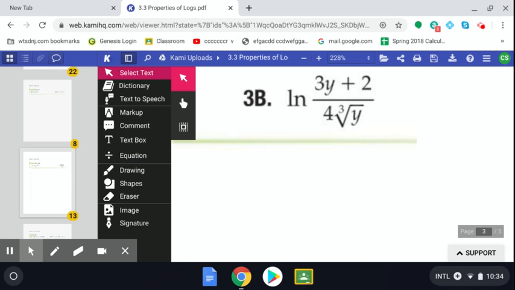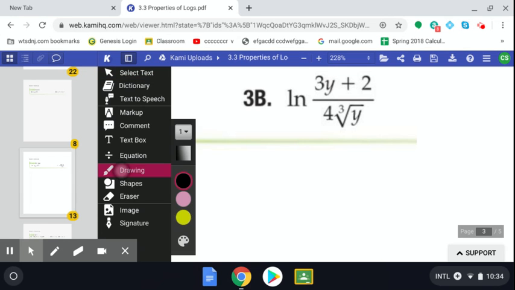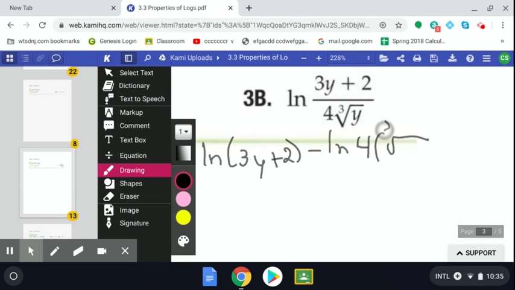So the first thing I will do in this case is change the division sign to subtraction and write natural log twice. So in this case, I would get natural log 3y plus 2 minus natural log 4 times cubic root of y.